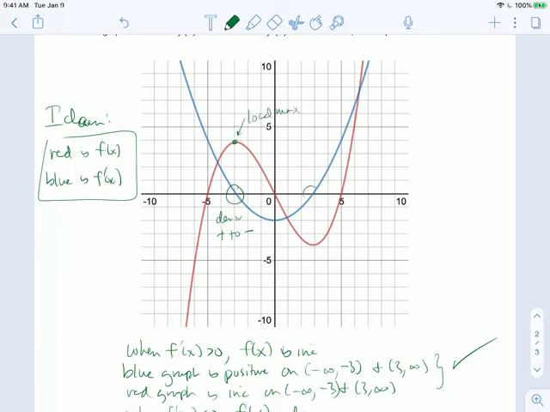And then at this point right here, the derivative is changing from negative to positive, and indeed I've got a local min. Got more examples to work, and we'll continue in another video.